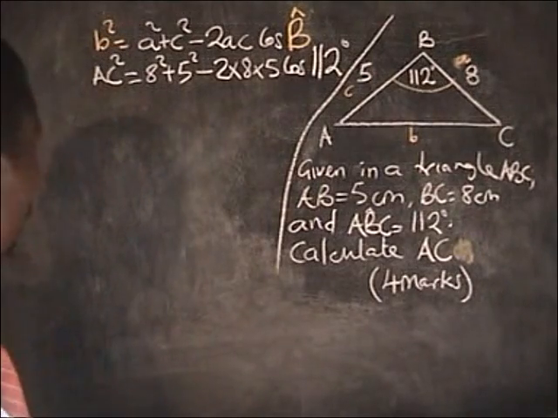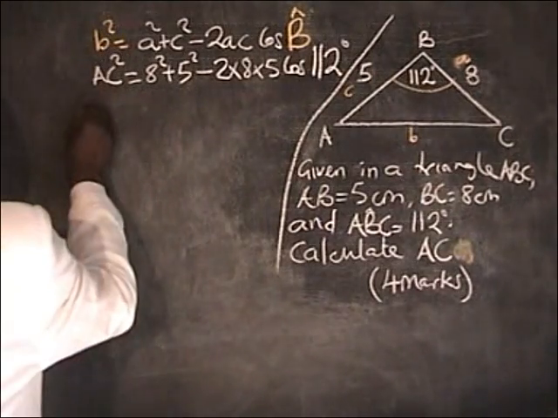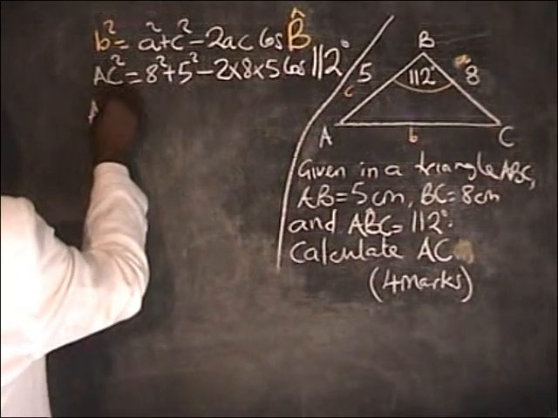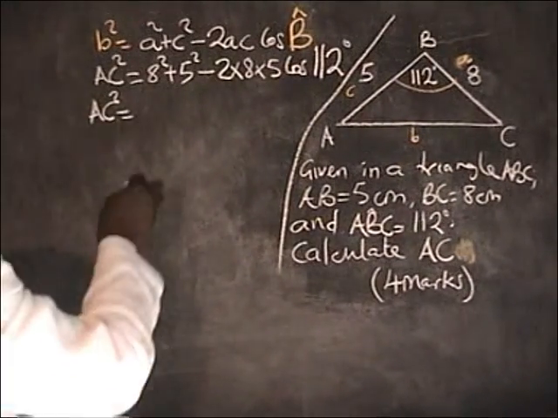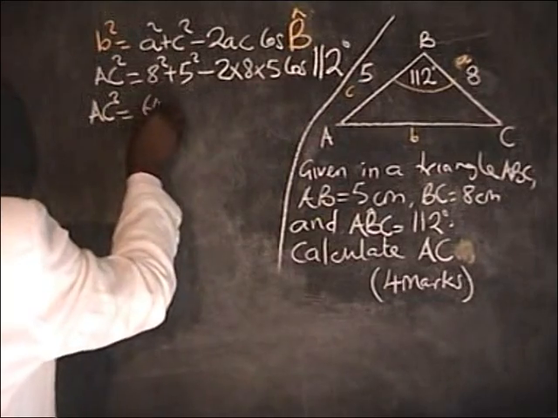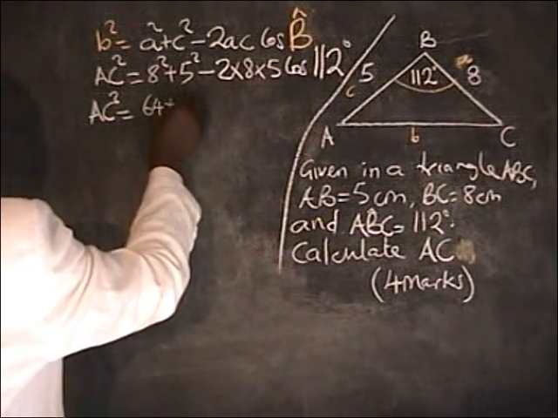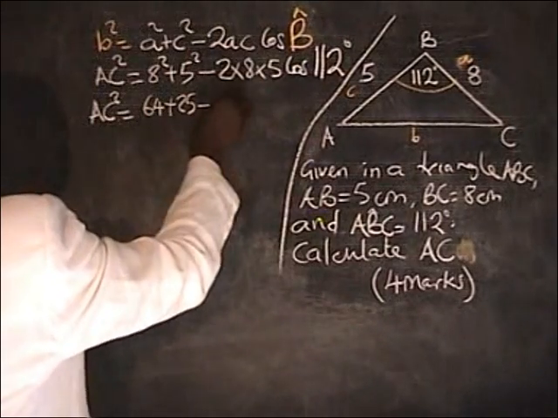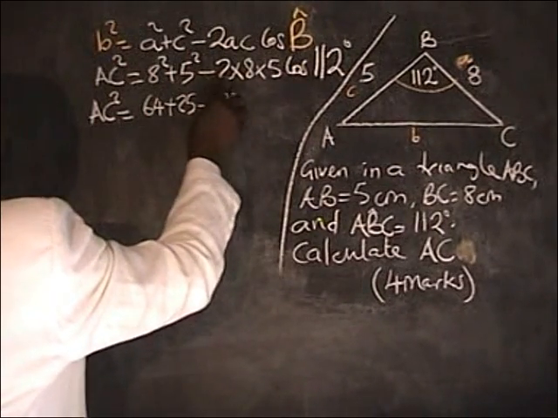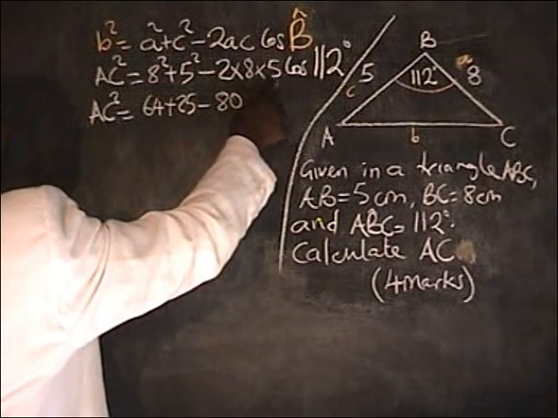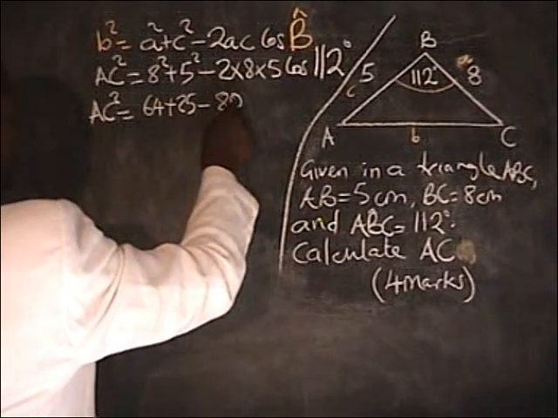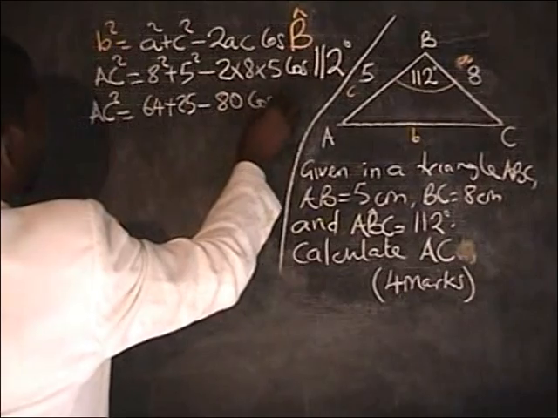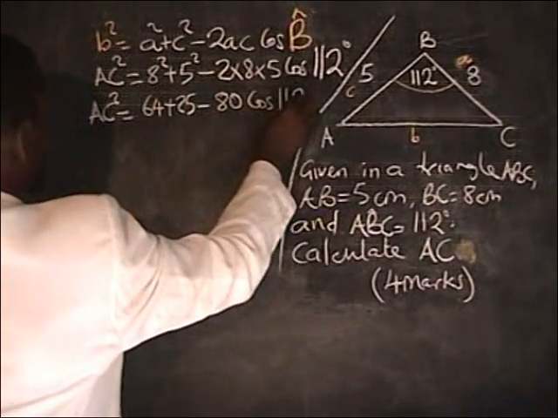So without wasting much of your time, all you need to do is to come down. You write AC squared equals 8 squared, this is 64, 8 times 8, plus 5 squared, this is 5 times 5, which is 25, minus 2 times 8 times 5. Mind you, 2 times 8 is 16, times 5 is 80, or 2 times 5 is 10, times 8 is 80. Then cosine 112.